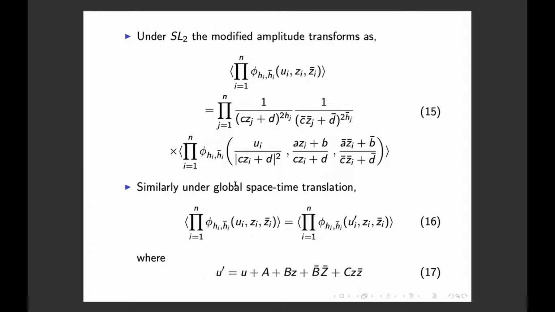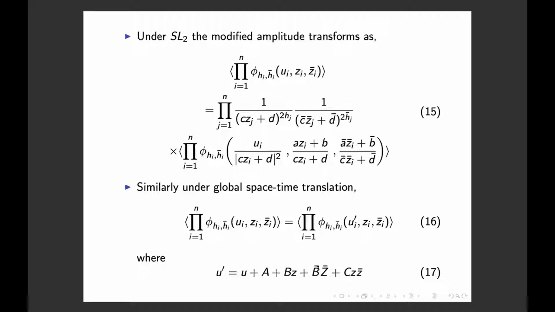And similarly, under global space-time translation, the way this transforms is that you take the correlation function of this phi at U and U prime, and they're the same, where this U prime has this special form: U prime is U plus some A plus some BZ plus B bar Z bar plus C Z Z bar.